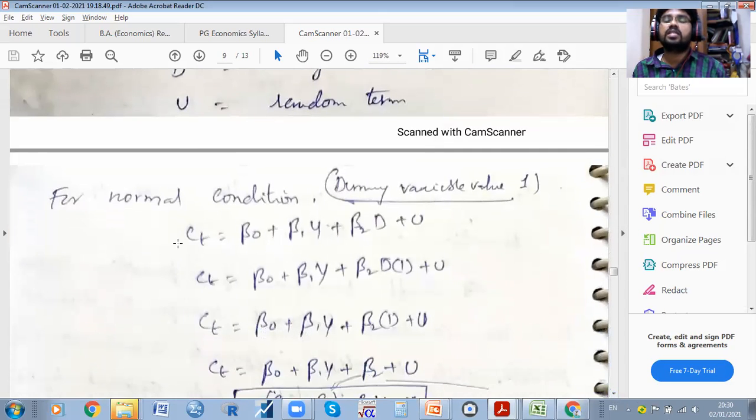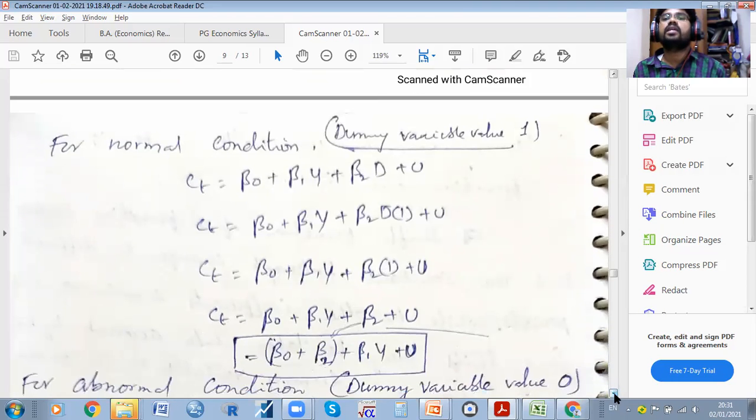As I discussed just now in the previous slide, for the normal condition dummy variable, Ct is equal to beta 0 plus beta 1 Y plus beta 2 D. If you take the normal period as 1, the other as 0. So Ct is equal to beta 0 plus beta 1 Y plus beta 2 into 1, that is beta 2 only, plus the error term.